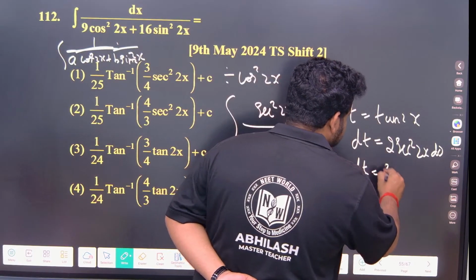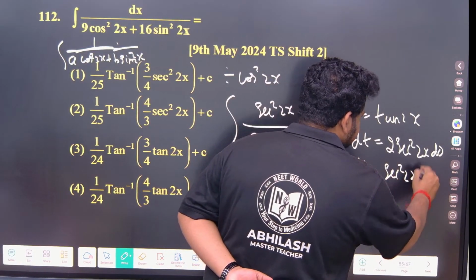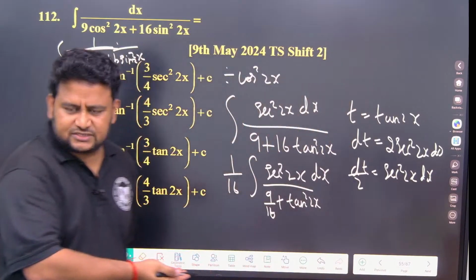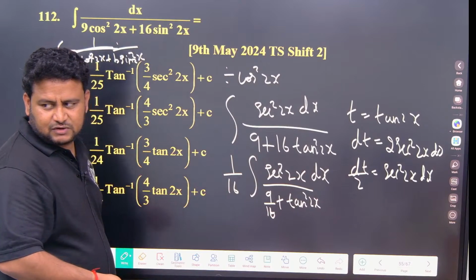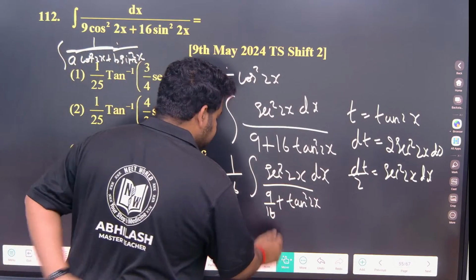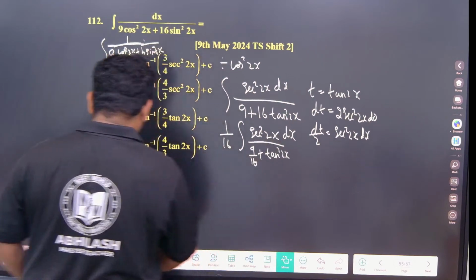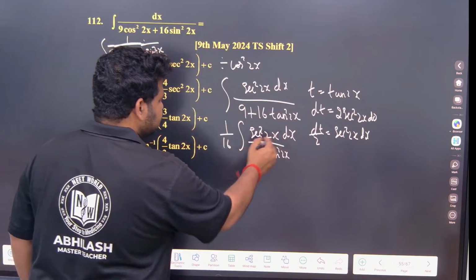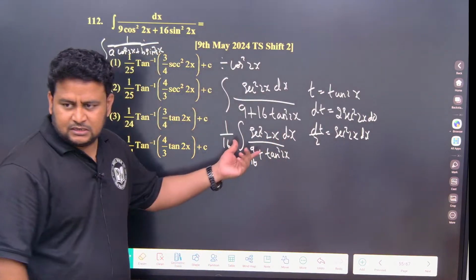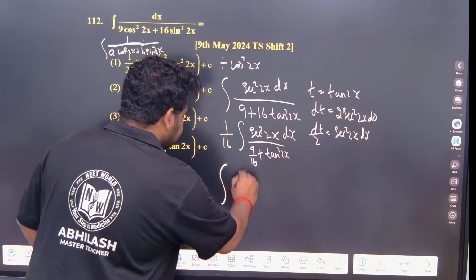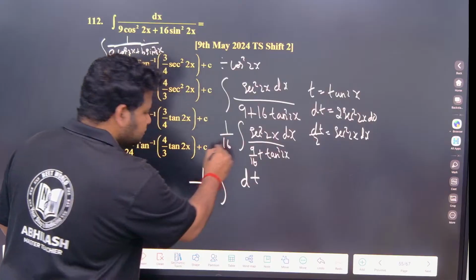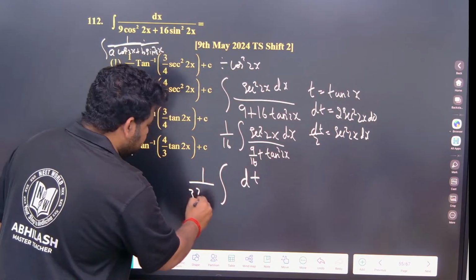Secant square 2x dx will be dt by 2. So the numerator will be dt, with 1 by 2 into 16, which is 1 by 32, into this.